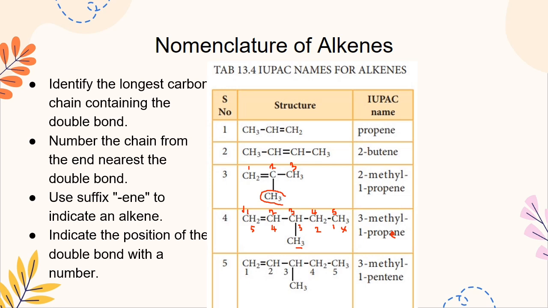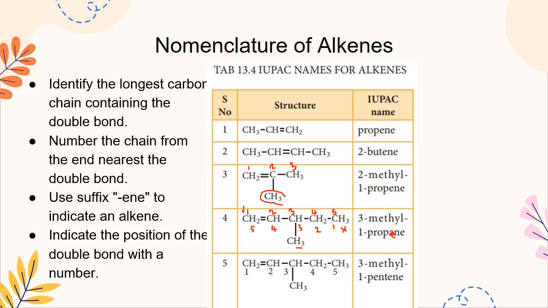Now, why do I have to start from here? I'm starting from here because this double bond is closer to this carbon. It's wrong for me to start my numbering from here. If I start numbering from here, like 1, 2, 3, then this is a wrong numbering.